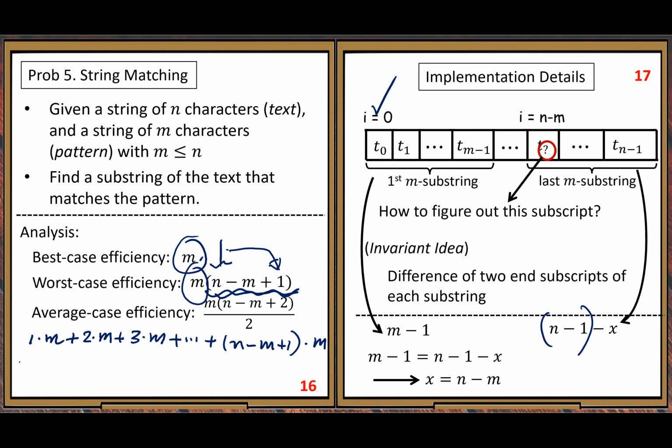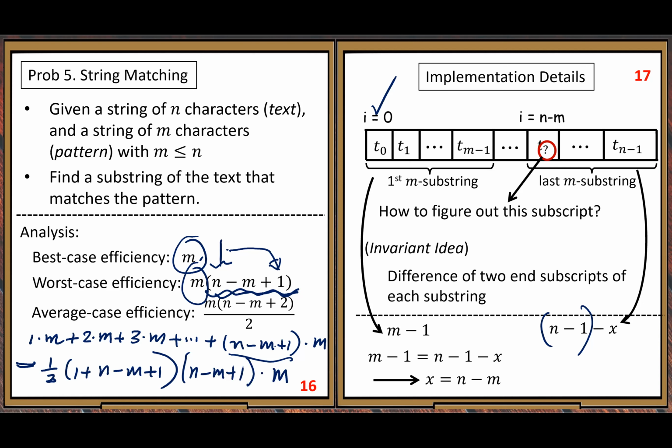Then we apply the formula for the sum of consecutive integers: one half times 1 plus (n minus m plus 1), times the total number n minus m plus 1, times m. But that's the total.